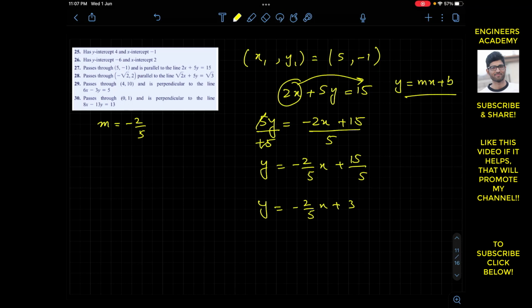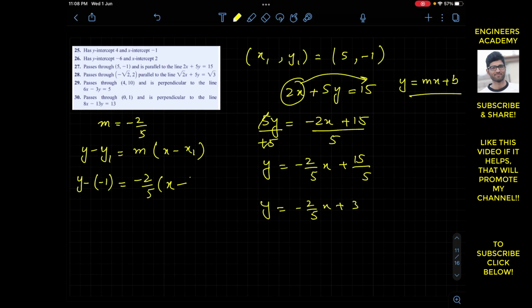So we can write the point slope equation, which is y - y1 = m(x - x1). The y1 is -1, so I will write y + 1. The slope is -2/5, and x - x1 is x - 5.